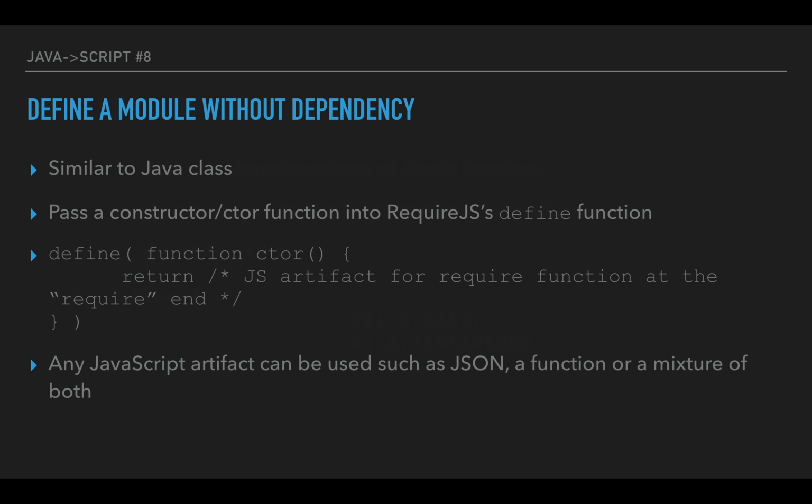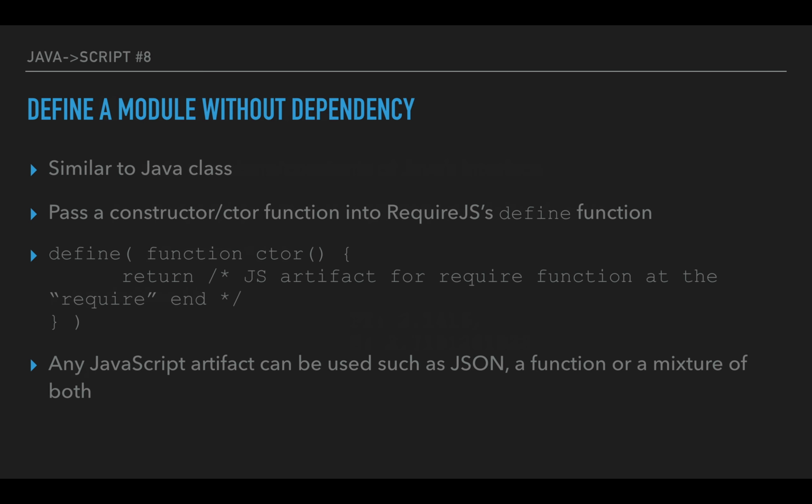The second type of module is a functional module without dependencies. That is very similar to standalone Java classes without any imports. The way to do it is to pass a constructor function, or a callback function if you will in JavaScript terms, into the RequireJS define function.